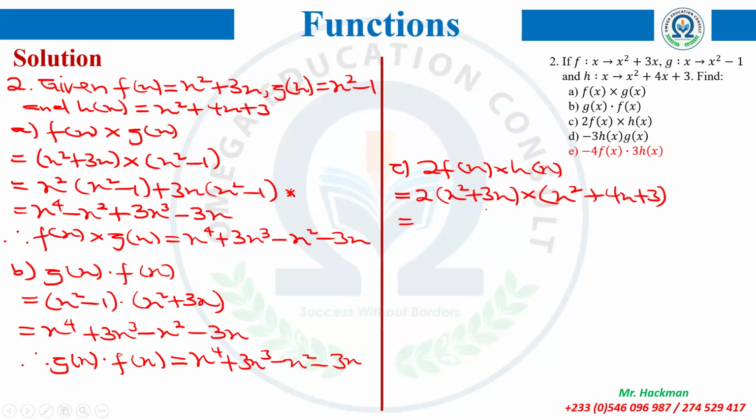Anytime you have more than 2 factors and you are going to multiply, here you have 3 factors. 2 here is a factor of what you have here. x squared plus 3x is a factor. Then x squared plus 4x plus 3 is also another factor. So this is a monomial factor, a binomial factor, and a trinomial factor. Am I clear?